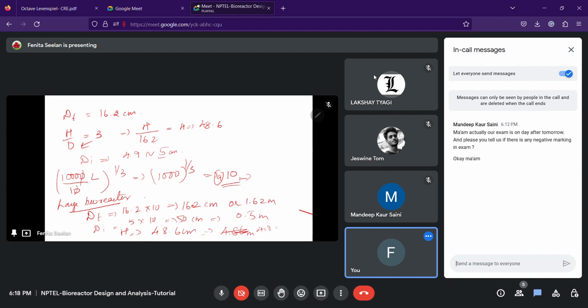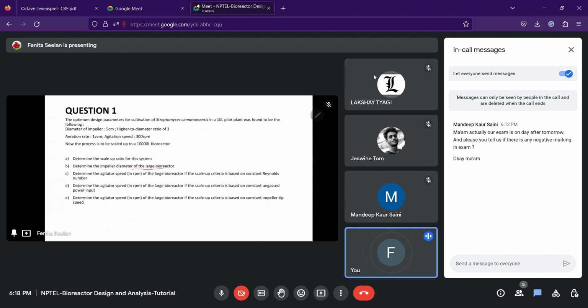Point 86 meter. So you found the answer for your A and B. This is answer 10. What is the impeller diameter? It is 0.5 meter.